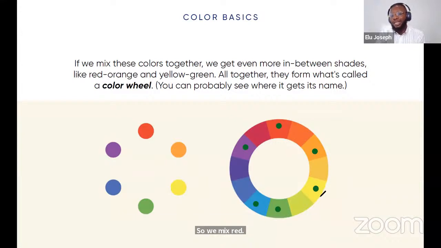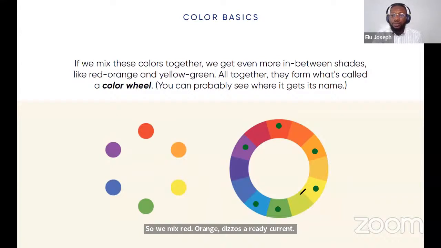We mix orange and yellow, gives us yellowish orange. We mix green and yellow and gives us what we call lemon or a yellowish green. We mix blue and green and we get, and it goes on. Purple and red, we get a darker or a lighter shade. Purple and blue, we get a brighter shade. So on like that.